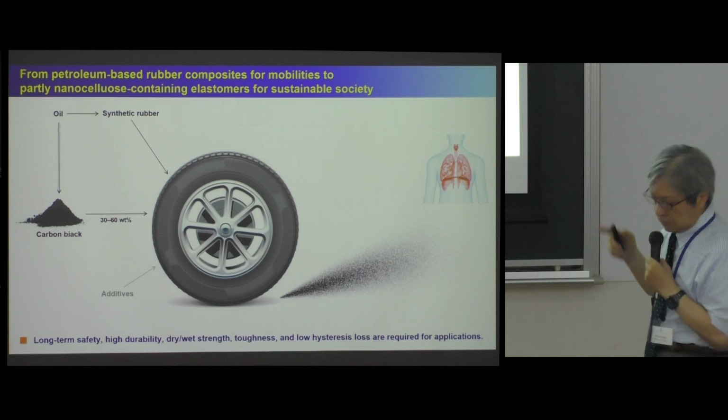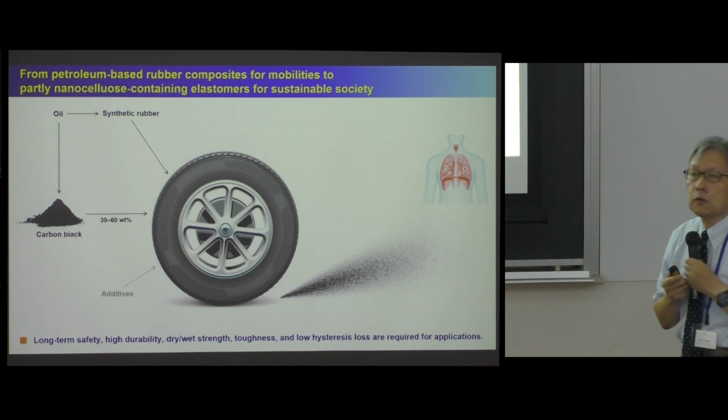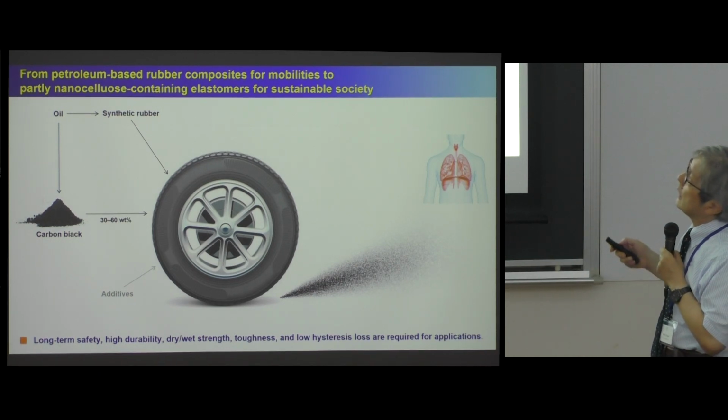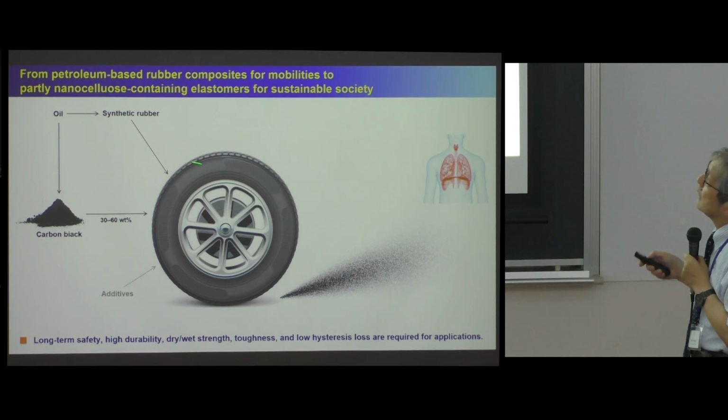And one of our missions, collaborating with Shinshu University, is this: maybe you know very well that most tires use synthetic rubber made from oil, and oil is also converted to carbon black, and surprisingly 30 to 60% of the tires consist of carbon black.